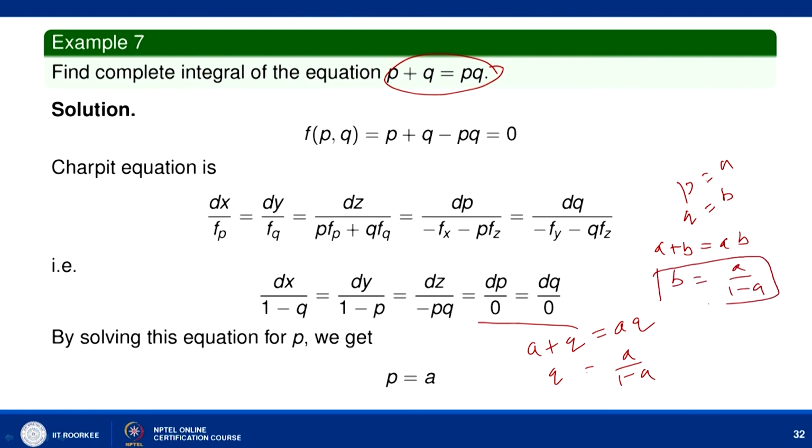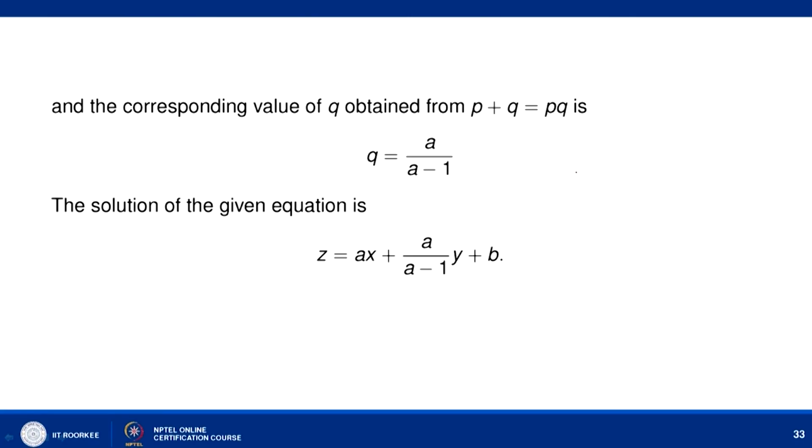So either you use this to find b in terms of a, or you use p equal to a to find q in terms of a. Whatever you want to use, you will have this. So as I pointed out, you can write z equal to ax plus a upon a minus 1 y plus b. So this is one relation.